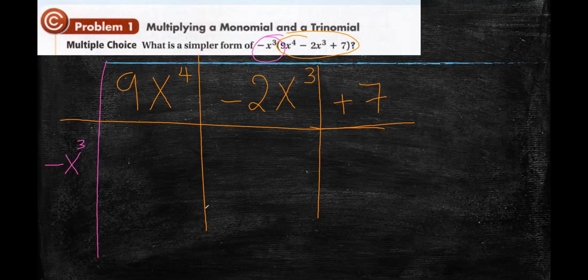So what do I have to do? The first step, I have to multiply negative x cubic by 9x to the power 4. Okay? I will repeat. The first step, multiply the coefficients: negative x cubic multiplying by 9x to the power 4.